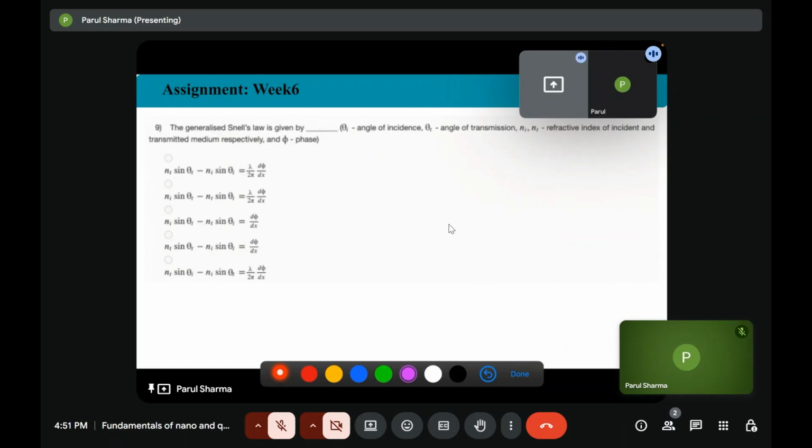The next question is the generalized Snell's law, given by theta I, theta t, of incident and transmitted refractive index. So the standard Snell's law is Ni sin theta I equals Nt sin theta t when there is no phase gradient at the interface.